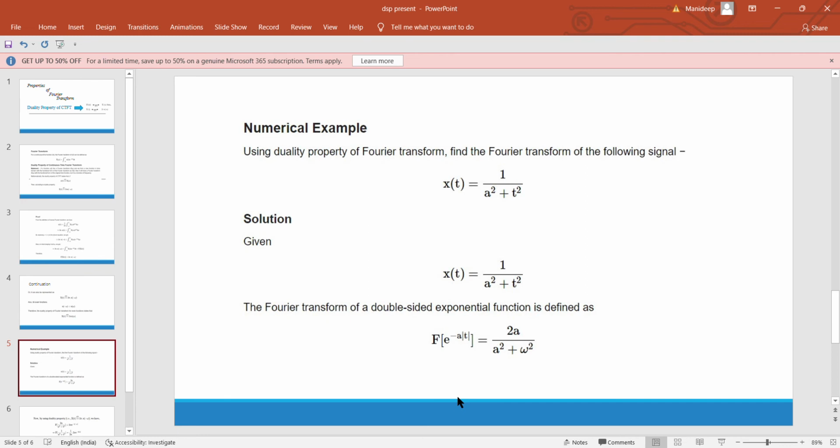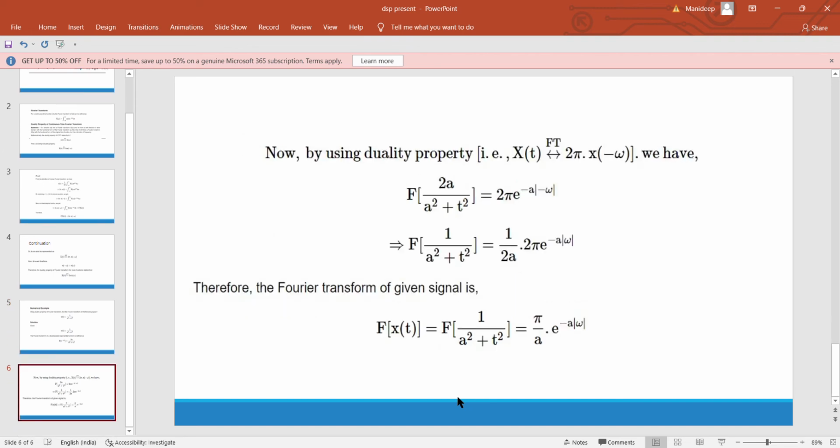We have the time domain signal as x of t equal to 1 by a square plus t square. So we multiply by 2a, we get now that function as F of 2a by a square plus t square equal to 2 pi into e power minus a into mod of minus omega. Now by the duality property, we apply the Fourier transform of time domain signal x of t, and we get the Fourier transform of 2 pi into x of minus omega.